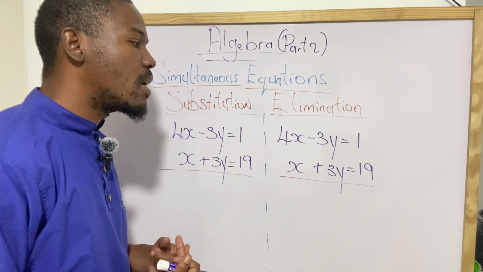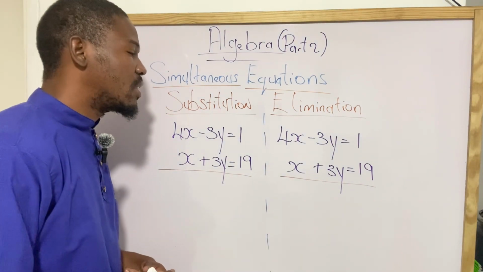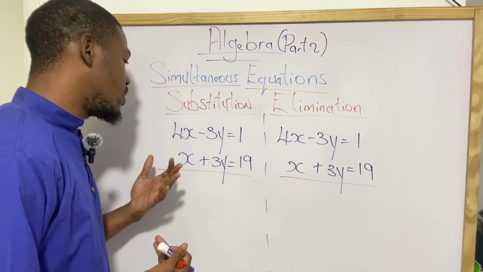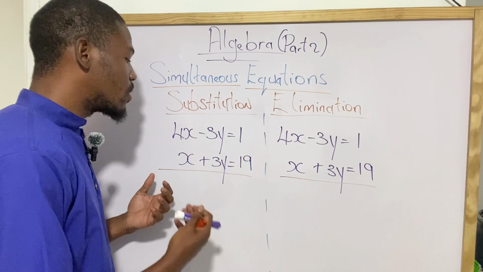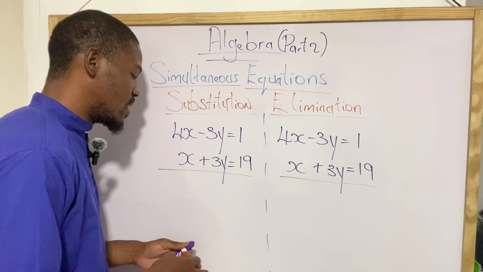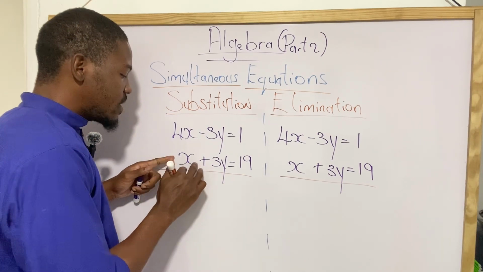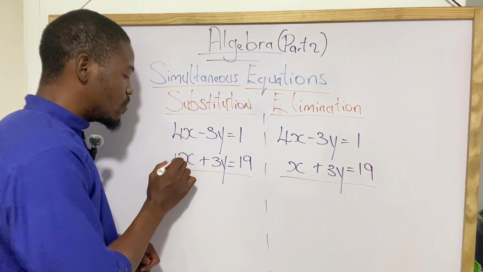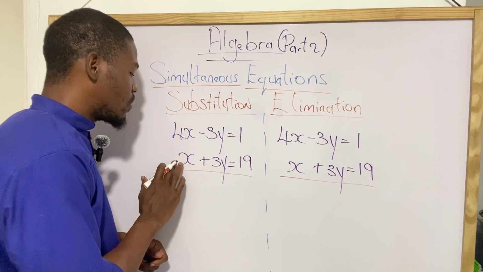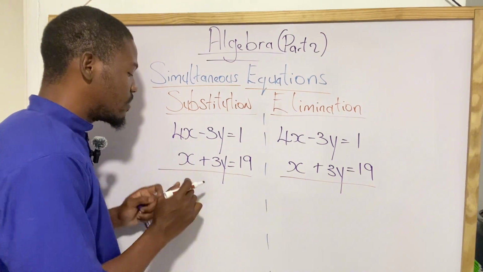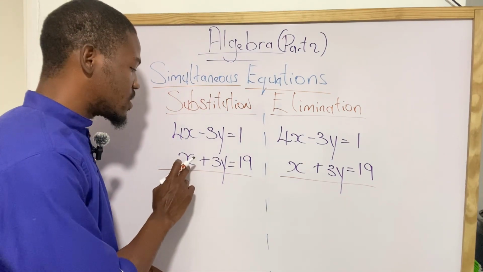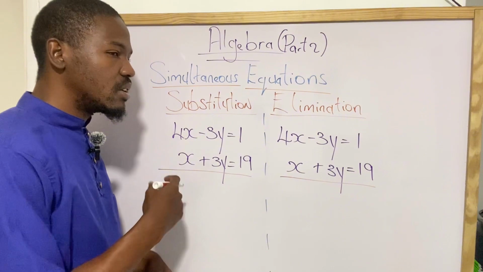But there's just something particular about the substitution method that it can be a troublesome method if you're going to use it to work out some of these simultaneous equations. Let me just explain what I'm trying to say. So here we have 1x plus 3y equals 19. What I usually tell students is to use the substitution method when you are given one of the variables, x or y, where the coefficient is 1.